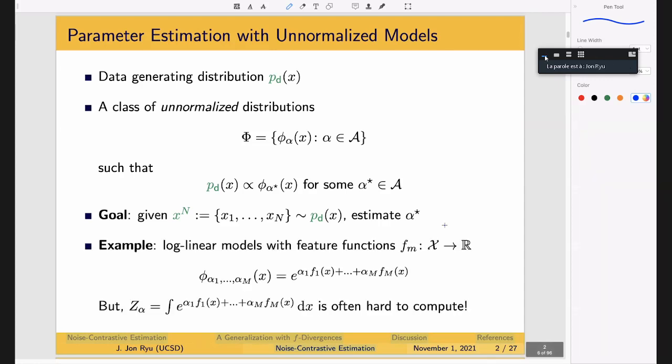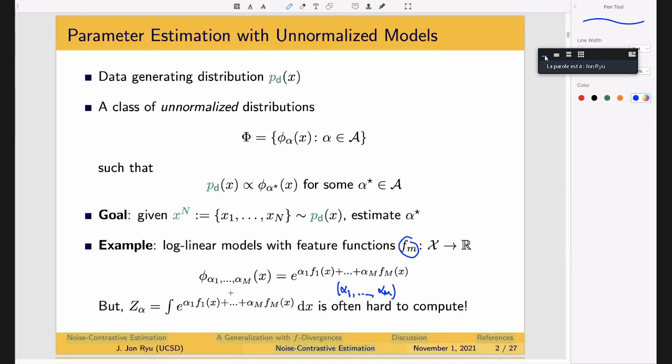To recall the difficulty of this problem, let's consider a simple model defined as follows. Suppose we are given M feature functions f1 through fM, and we define the log linear model as the exponential of the summation of alpha 1 f1(x) through alpha M fM(x). Each collection of these parameters alpha characterizes one specific unnormalized model.